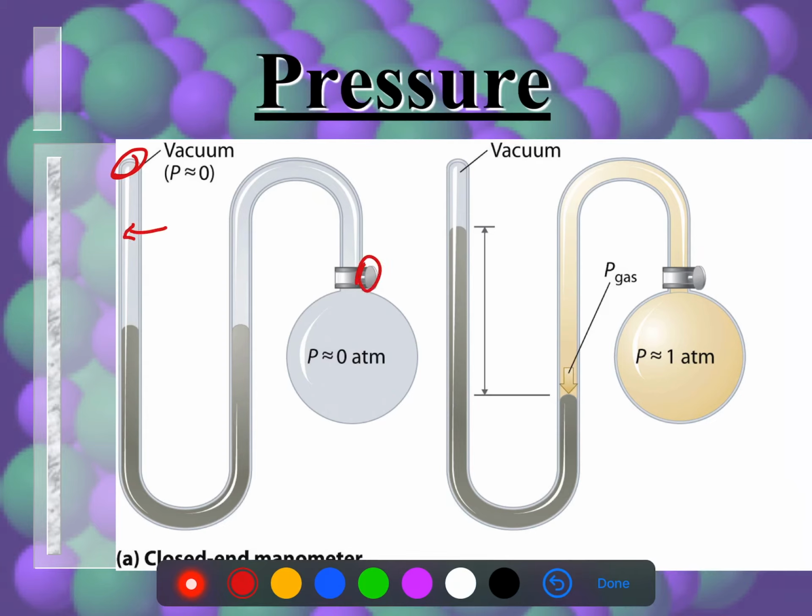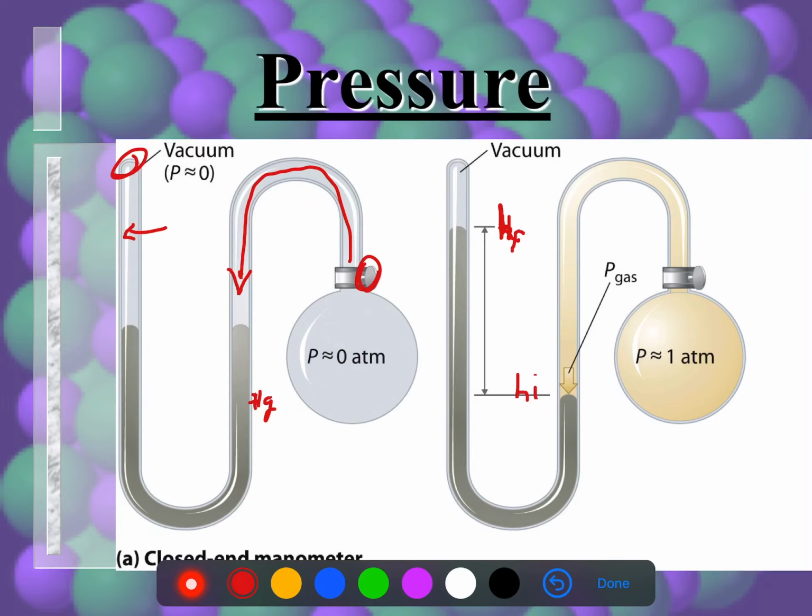And so as soon as you open up this valve, the gas comes through and it pushes on the end of the mercury column and causes the mercury column to move. Now, how much it moves, what you do is you subtract, we're going to call this H final, the final height. In fact, I'm going to use lowercase h because we've used capital H for enthalpy in the past.